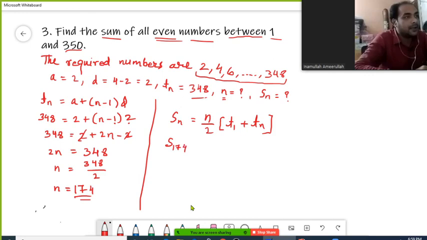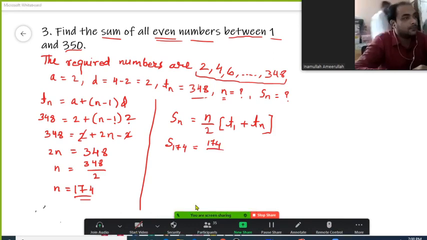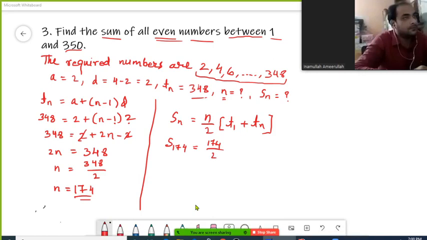So here I can take S174, n by 2, that is 174 by 2, into bracket T1 plus Tn. T1 is 2, Tn is 348.